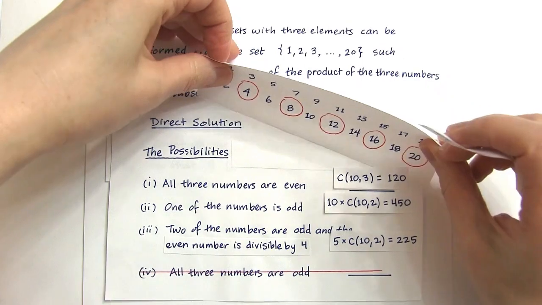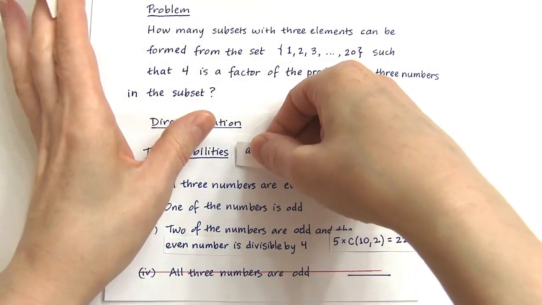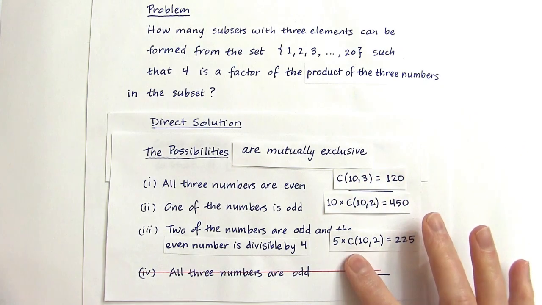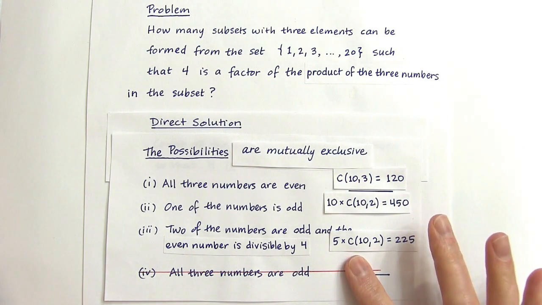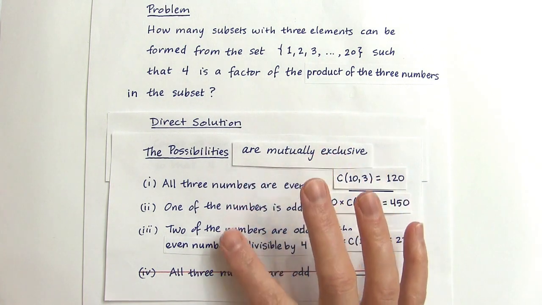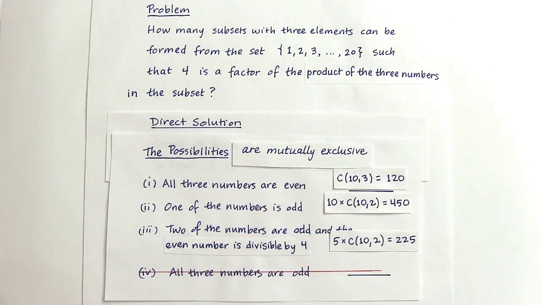Now I note here that all of these 3 possibilities are mutually exclusive. So within these 3 possibilities, no one subset gets counted twice. So the possibilities add.